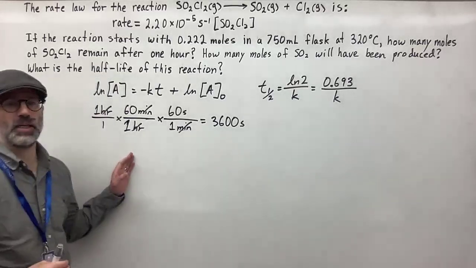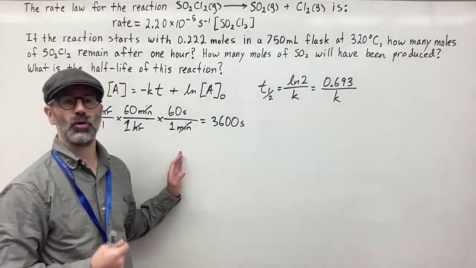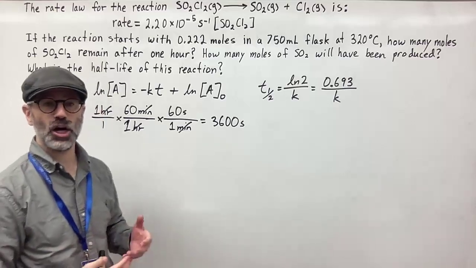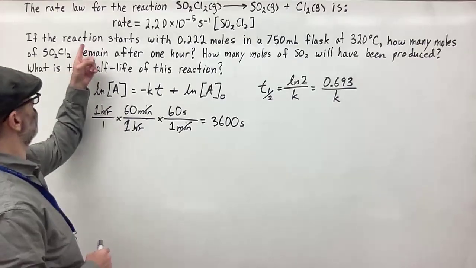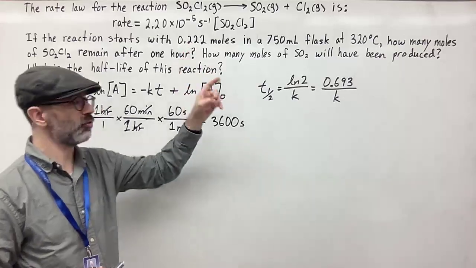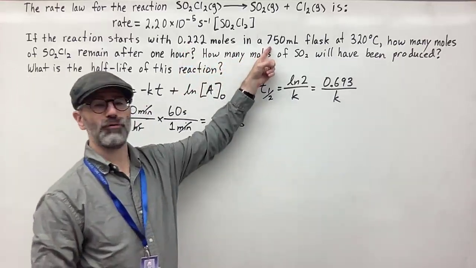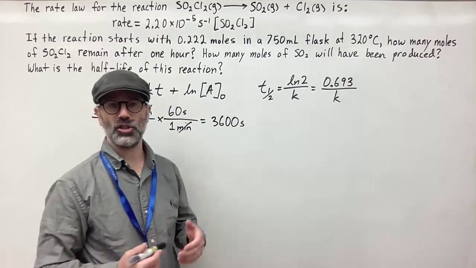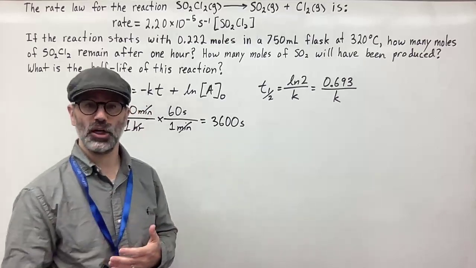Next thing we need to do is find the molarity or the concentration of our substance to start with. They tell us that the reaction starts with 0.222 moles, and the volume of the flask is 750 milliliters. Molarity or concentration is moles per liter.